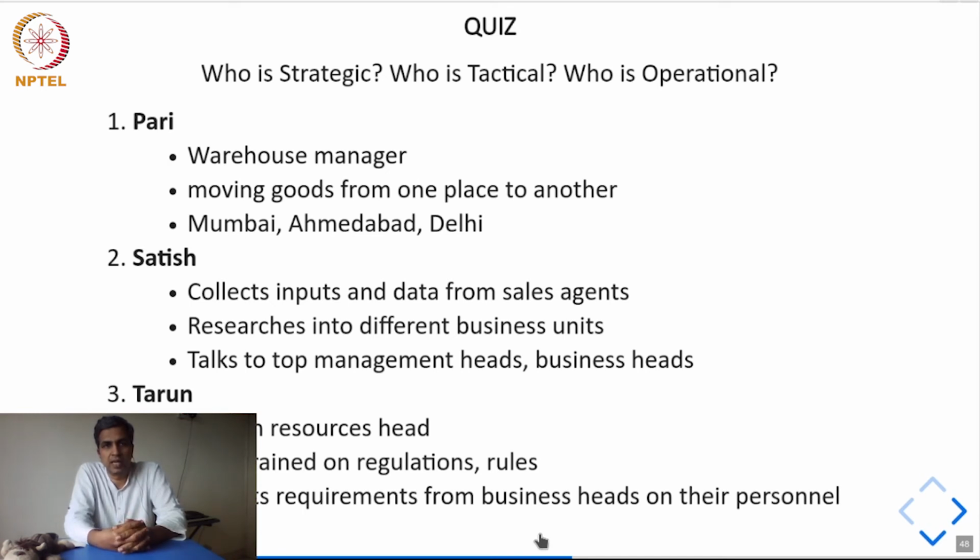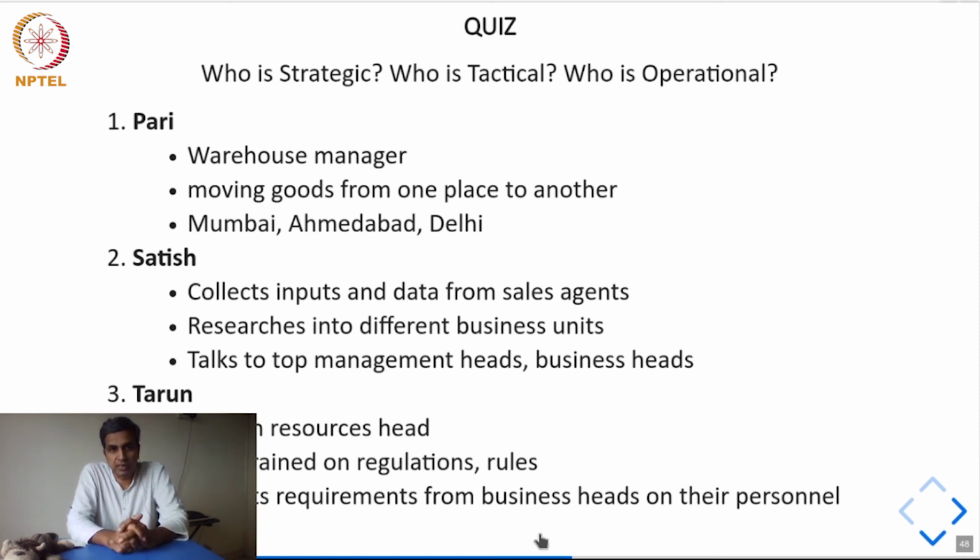Lastly, this is the third part of the quiz. The third personality we're going to talk about is Tarun, who is a human resources head. He heads the human resources division. He gets himself trained on regulations and rules of the company, of the government, of the land, and all that. He gets to know all of that.